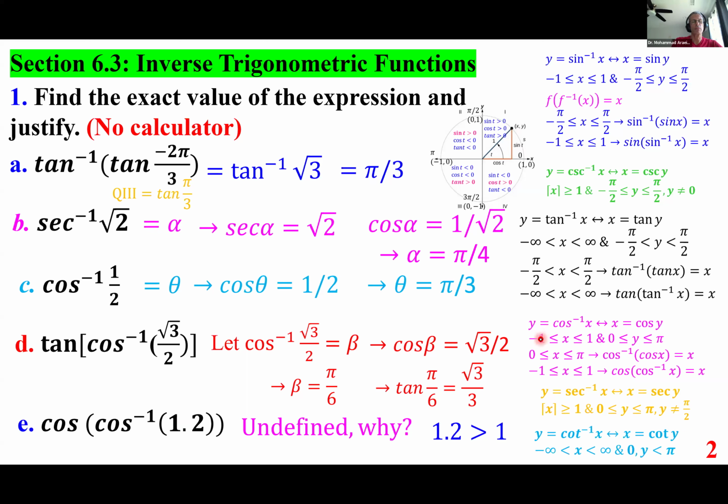One way to easily see that: if you set this equal to some variable, let's say alpha, that means cosine alpha is 1.2, which has no solutions. So that's important to understand.